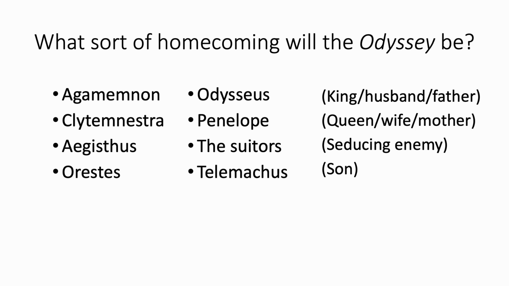On Ithaca, we have Odysseus, who, like Agamemnon, is a king, a husband, and a father, returning home from the Trojan War. Penelope is a queen, wife, and mother waiting at home, a woman who, like Clytemnestra, is, as you'll discover, renowned for her cunning and her shrewdness.